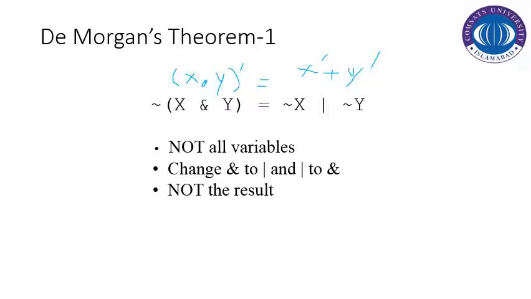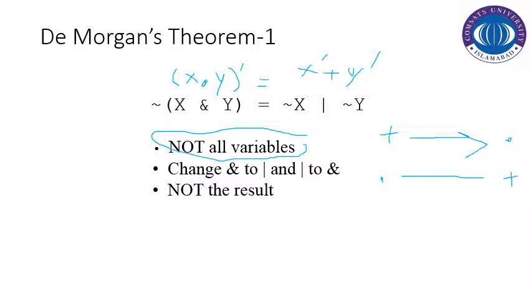So what we do is invert all our variables, and then convert the plus operator into the dot operator, meaning the OR operator is converted to the AND operation, and the AND operation is converted into the OR operation. This is the first version of De Morgan's theorem.